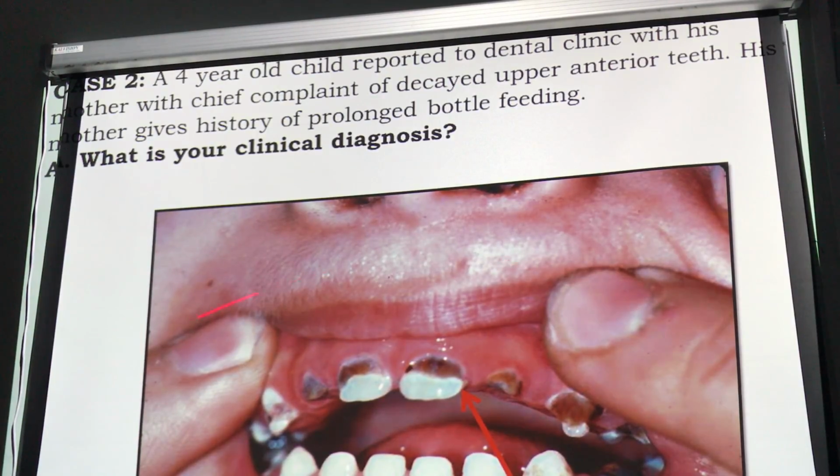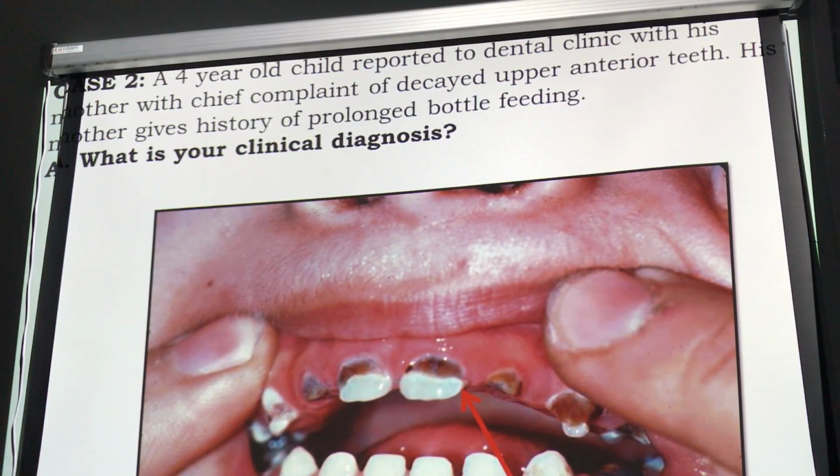Okay, suppose this patient comes to you, what kind of treatment plan will you provide? That is about prevention, not to cover with the crown. So before giving a crown, what do you have to do here? This is exposed pulp chambers. So will you directly put the crowns over it? No, remove the caries.